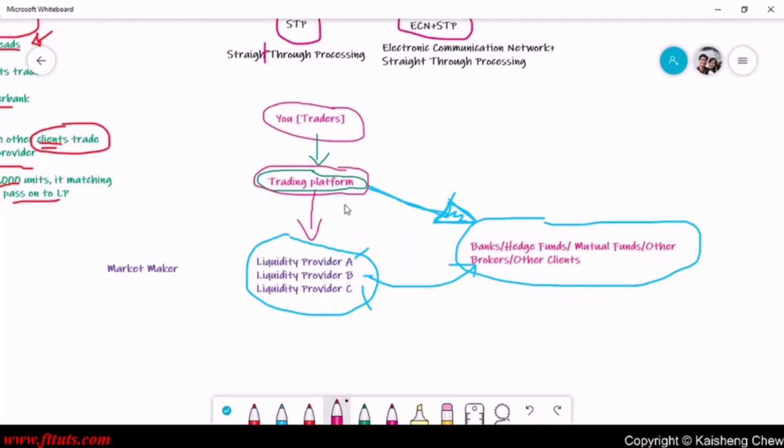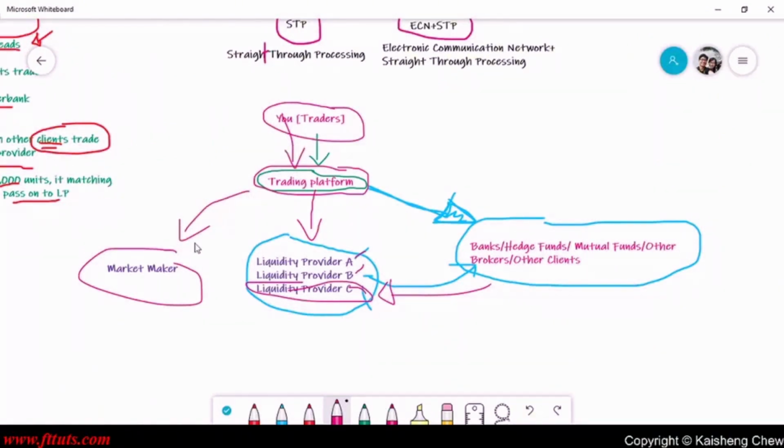Let's say you want to buy at a certain price, they'll match it with whichever one matches your price, then they'll sell it to you. Let's say C, they sell it to you, because they get the price from C and mark it up with different prices.